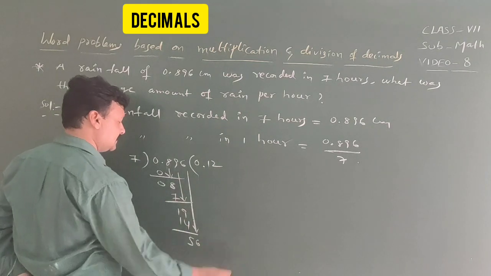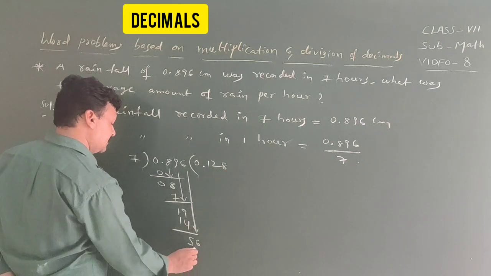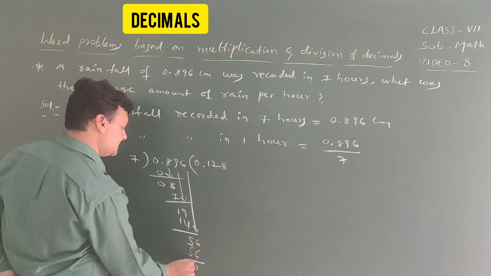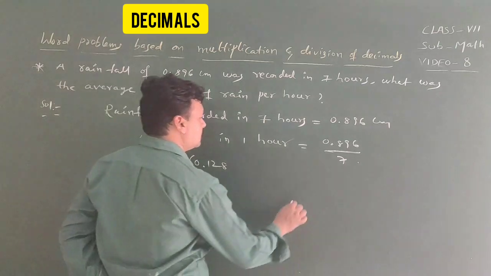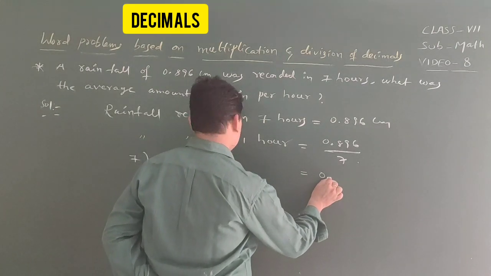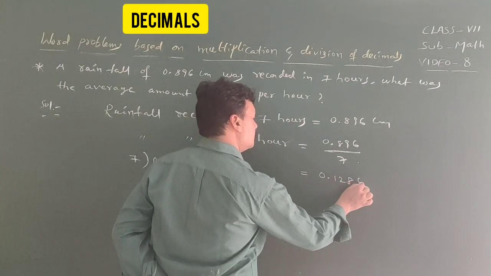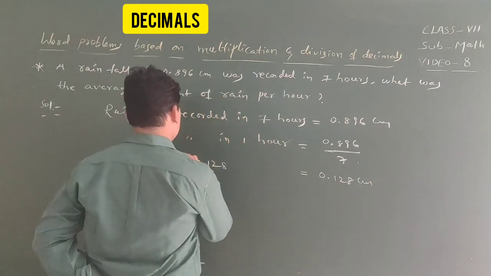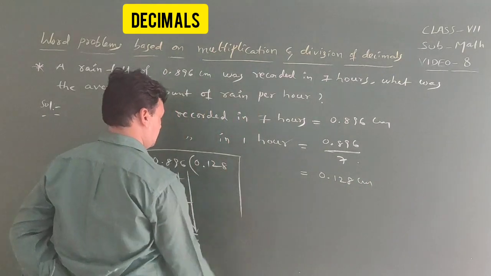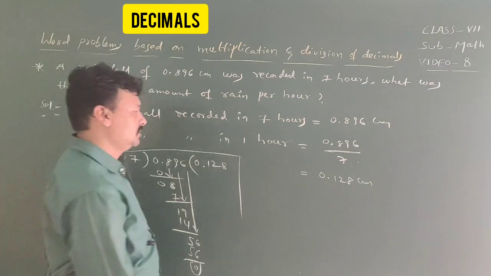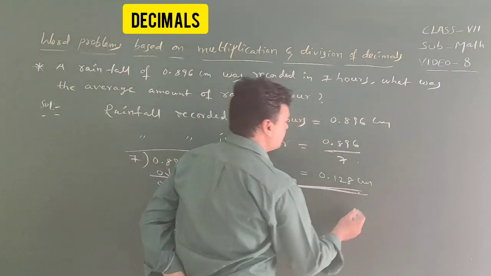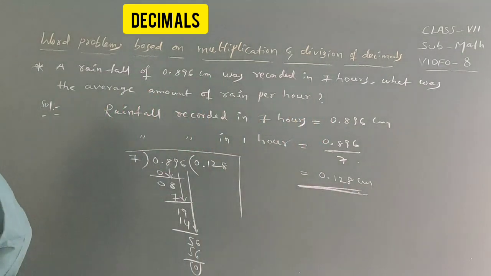Here bring down 6. 8 sevens 56. So the required rainfall is 0.128 centimeters. This is the required rainfall.